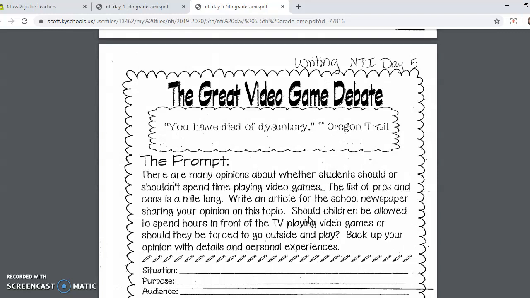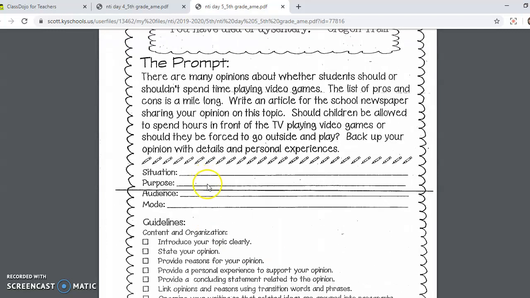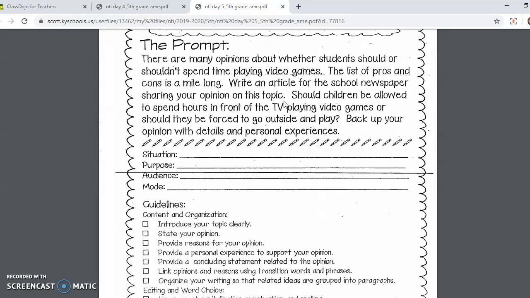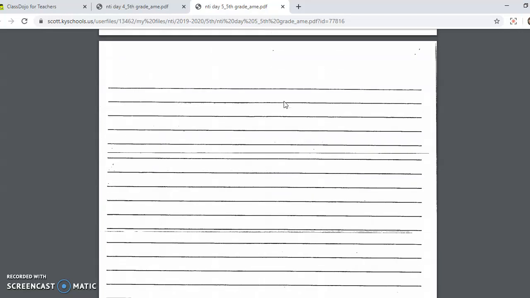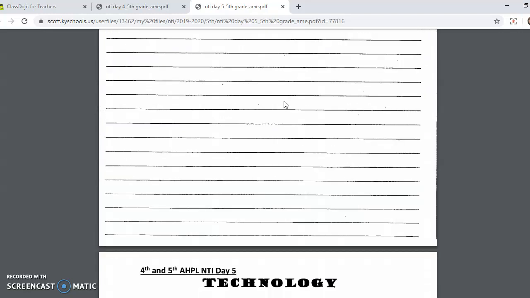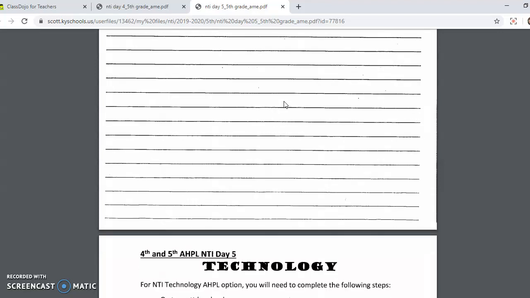Make sure it's those 5 paragraphs. You've got SPAM here: your situation, purpose, audience, and mode. Make sure you've got your introduction paragraph with your hook and ideas, your 3 body paragraphs, each one needing a fact, example, statistic, or flashback, and then your conclusion paragraph to sum it all up. You're welcome to use lined paper to answer that, or you can submit it through Google Classroom.